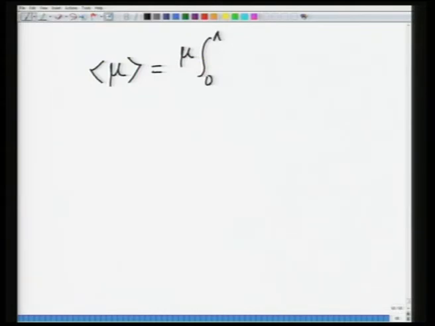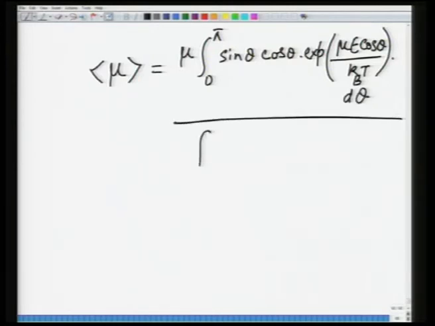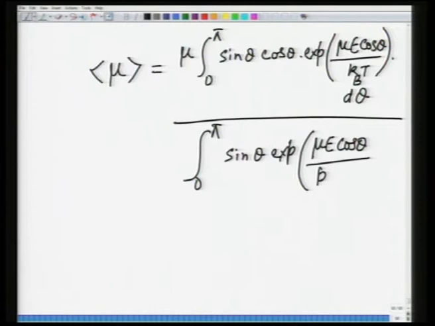So this is the integral from 0 to pi of sin theta cos theta, where you just have to replace d omega, into exponential of mu E cos theta by kT, or kBT, into d theta, divided by the integral from 0 to pi of sin theta exponential of mu E cos theta divided by kBT d theta.